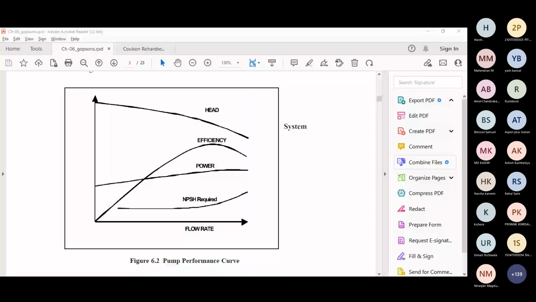Suppose there is a pump which can pump up to 30 meters height of a water column. 30 meter water column is the head. Now if my fluid has a density of 3000 kg per meter cube, then it will only be able to pump up to 10 meters, right? Is it clear?